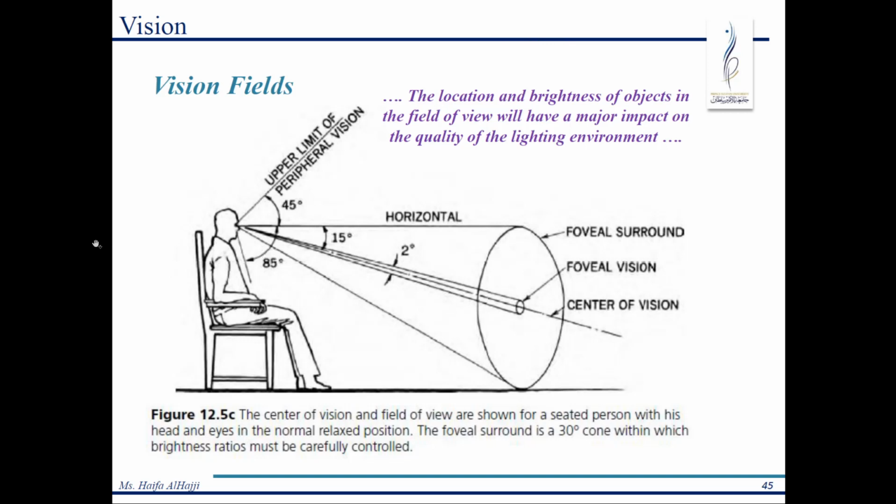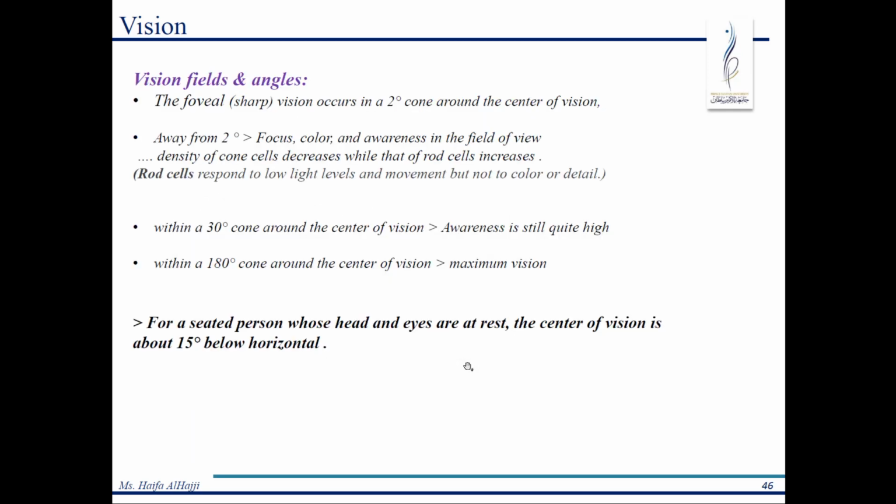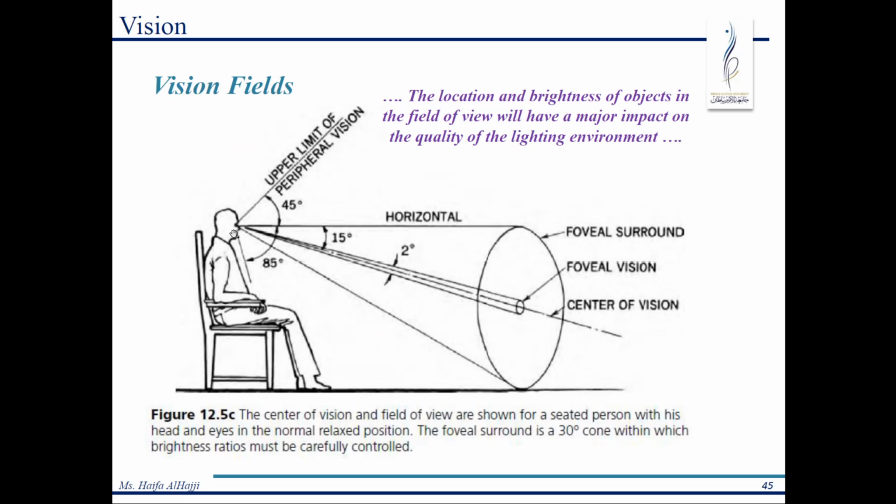Usually the center of vision when you are looking straight is going to be 15 degrees below the horizontal. As we can see here, this is the horizontal, and when I'm sitting straight, this is my center of vision, 15 degrees below this horizontal line.